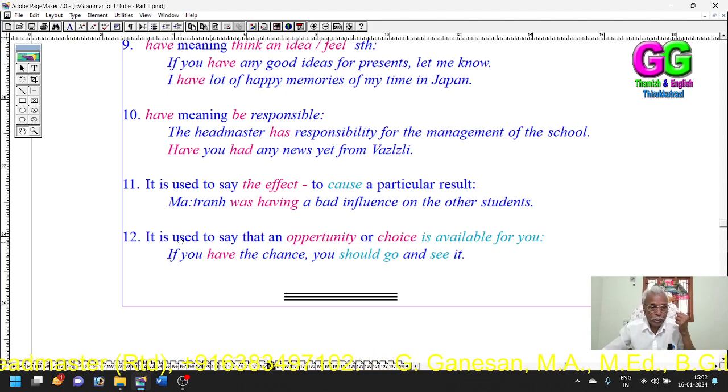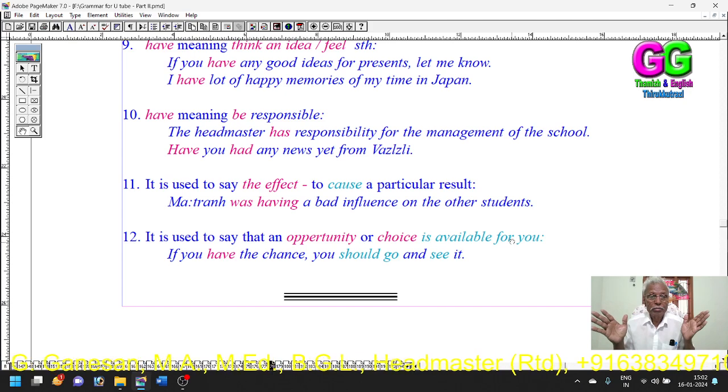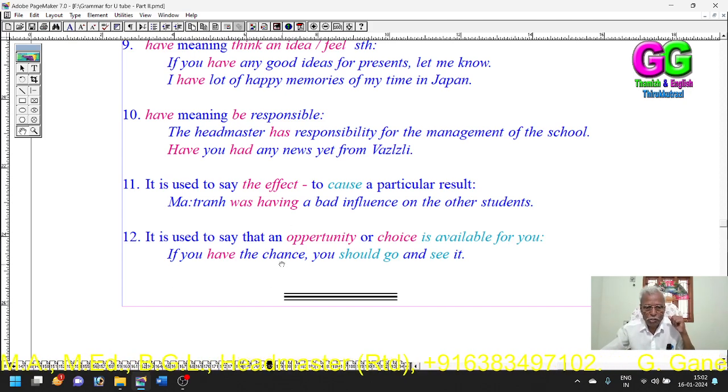12th use: it is used to say that an opportunity or choice is available for you. If you have the chance, you should go and see it. That is the meaning of opportunity or choice.